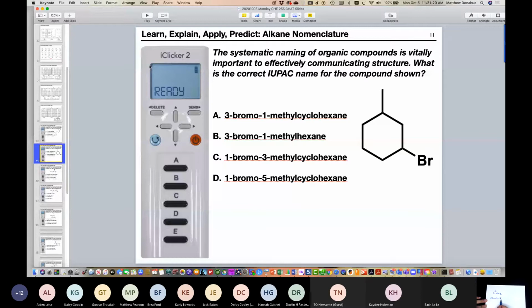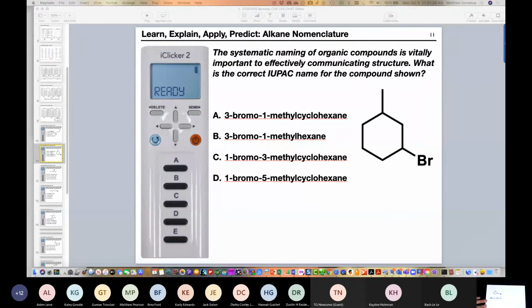There's 6 carbons. A 6 carbon unit is normally hexane, right? But since we're in a ring, the parent is going to be cyclohexane. With the pink, I'm going to circle the longest carbon chain, which is a ring. So we got 6. That's how we get cyclohexane.